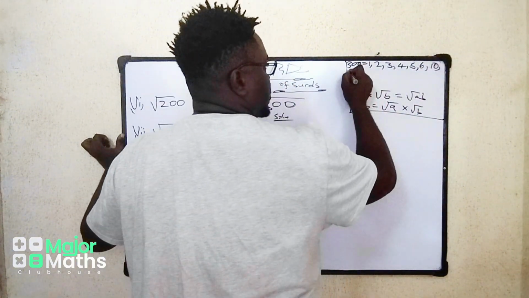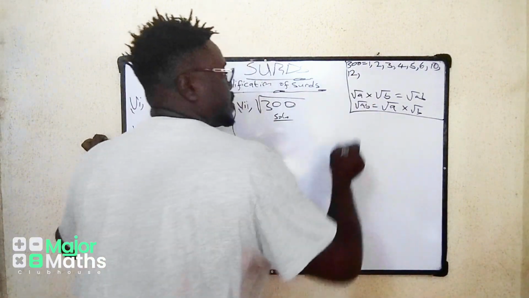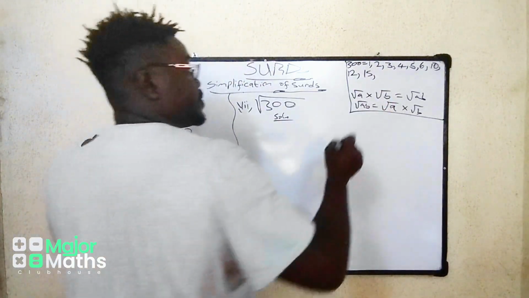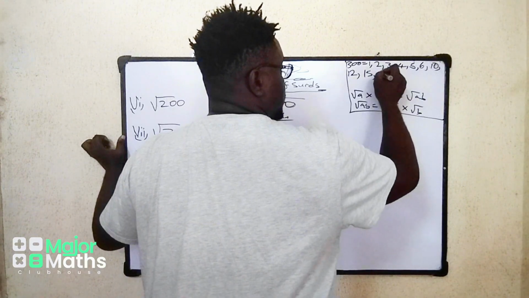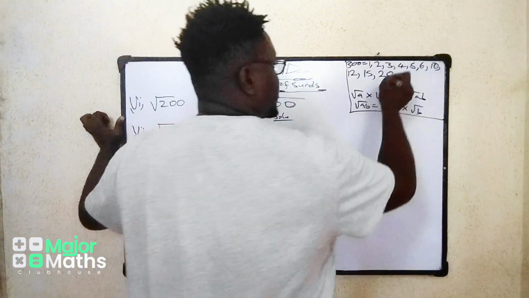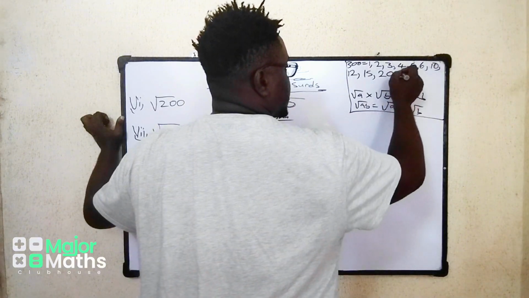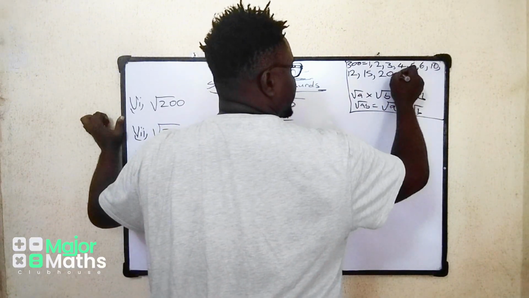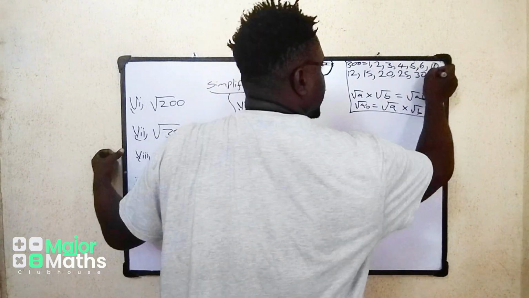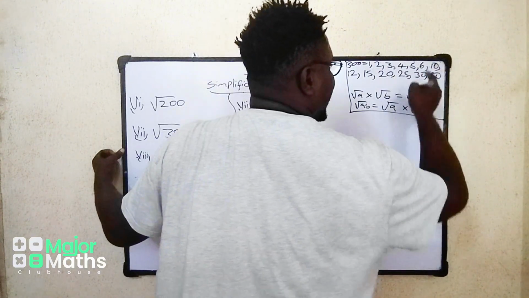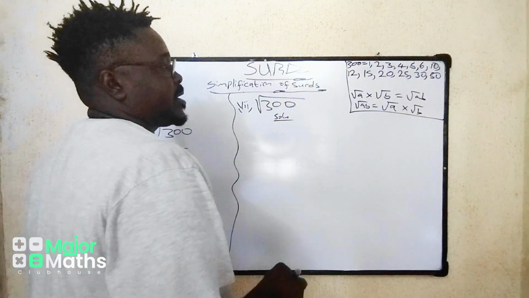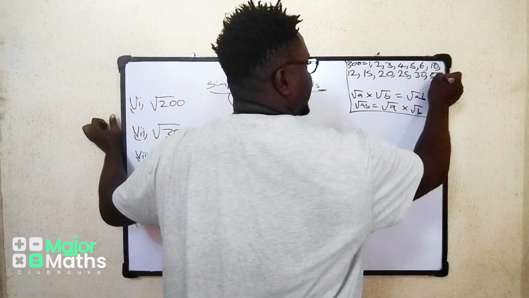We have 12, 15, 20, 25, 30. We have 50. I kind of feel there's a number between the 30 and 50, but we'll find out. We have 50. We have 60.